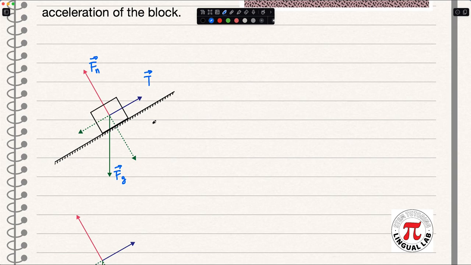Along the surface coordinate, there are two forces on this object: the tension force, and the component of the gravitational force. These two forces have the same magnitude and opposite direction. So we just need to calculate the component of the gravitational force to find the tension force.